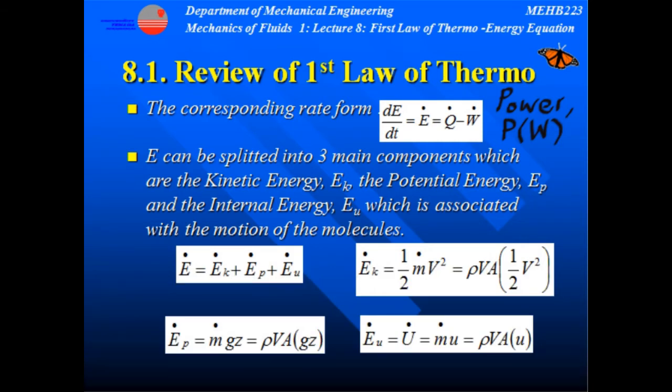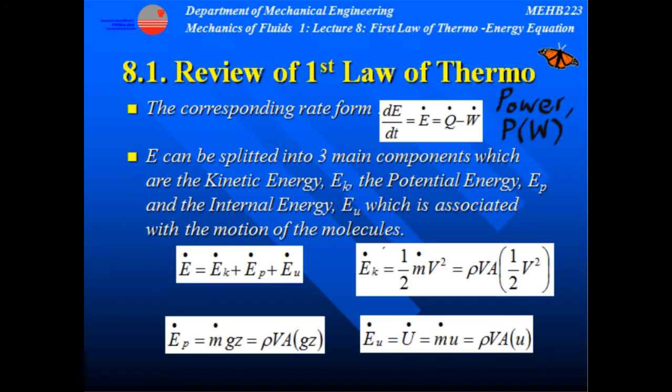So energy can be split into three main components, which are the kinetic energy EK, the potential energy EP, and the internal energy EU. Kinetic energy is due to the movement or the motion of the body, in this case, the fluid particle.